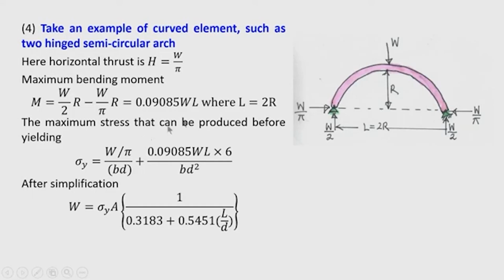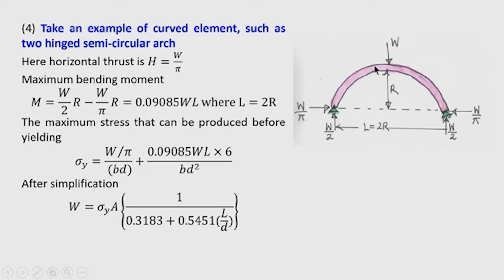So, the maximum stress that can be produced before yielding. Now, this arch at any cross section is subjected to a normal thrust as well as the bending moment. At the crown section, the thrust is W by pi, that is the horizontal thrust, because the normal at the crown section is also horizontal.